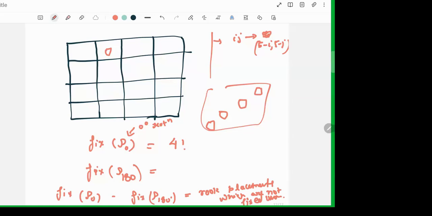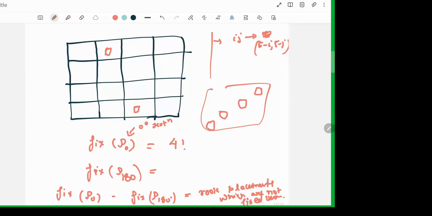Then I am saying under the 180 degree rotation, this will say that the fourth row gets a rook here, right? If you want to keep this fixed under 180 degrees, yes, this should come under the fourth row. The rook should be placed here. That's what I'm saying. That will move to here. So I am saying that the first row has four choices. That will automatically fix the fourth row. Yes, that's correct. Are you getting this or not? Yes.